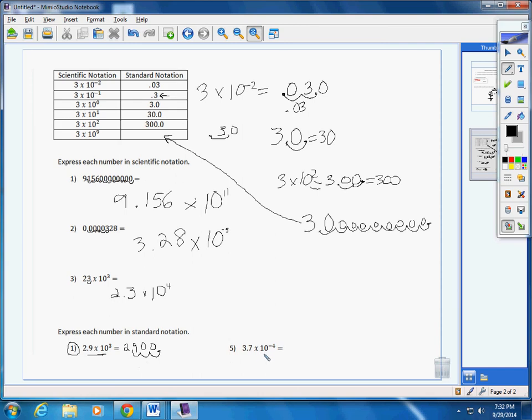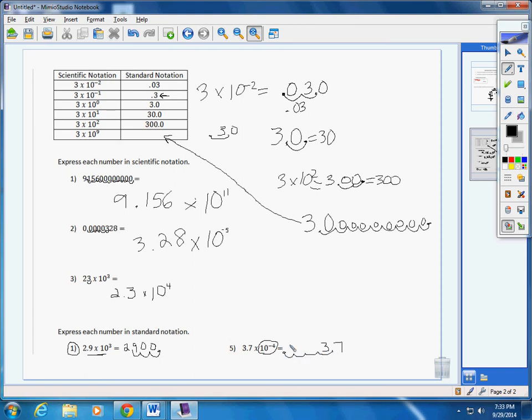And lastly, we have an example with a negative exponent. Okay, 3.7. Oops, I should give us more room here. Let me block that off. Sorry. 3.7. And since it's 10 to the negative fourth, which way do I move my decimal? Well, I should have a really small number once I get rid of my power right here. So that means I need to move my decimal 4 spots to the left. 1, 2, 3, 4.